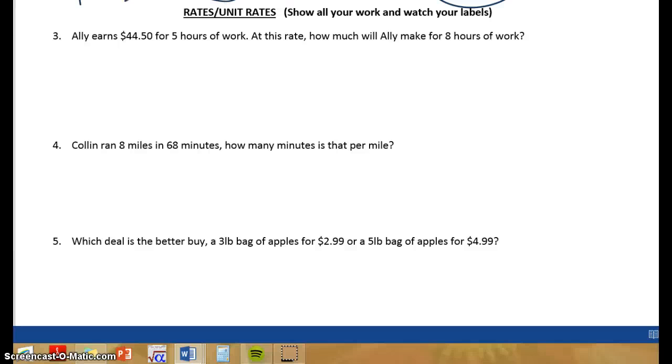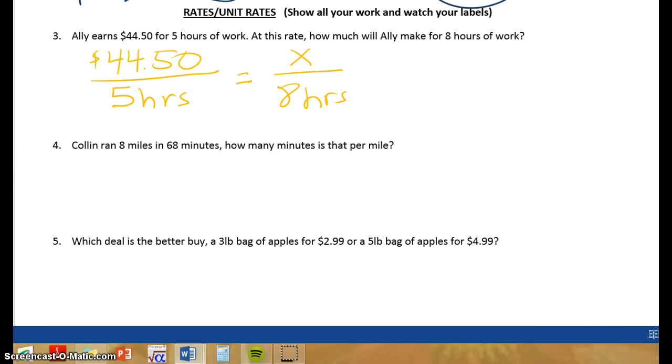I'm going to put $44.50 on the top of this ratio, or this rate, and 5 hours on the bottom. Now, we know that she's going to work for 8 hours. We don't know, however, how much she's getting paid, so I'm just going to put an X there.